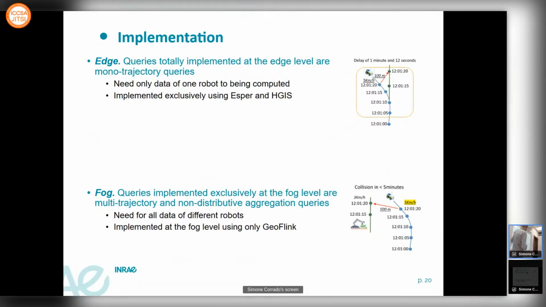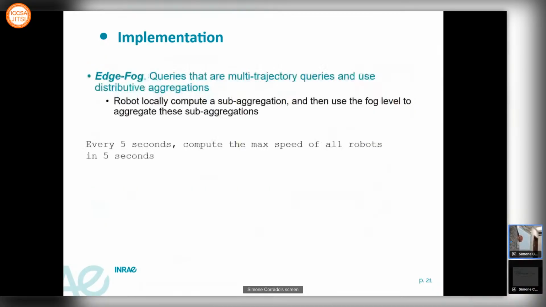Then at the fog level, the farm level, we can compute the multi-trajectory queries that are non-distributive. An example is collision. We send all the data to the server of the farm, and we calculate the distance between those points.